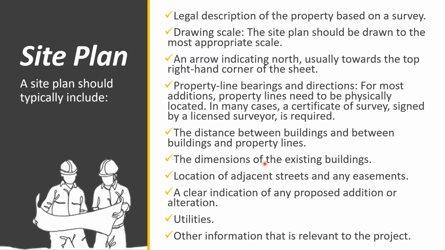Then the location of the adjacent streets and any easements, and a clear indication of any proposed addition or alteration. For example, if this is a renovation plan, it shows the existing and the new additions or alterations, then the utilities and other information that is relevant to the project. It depends on the project.